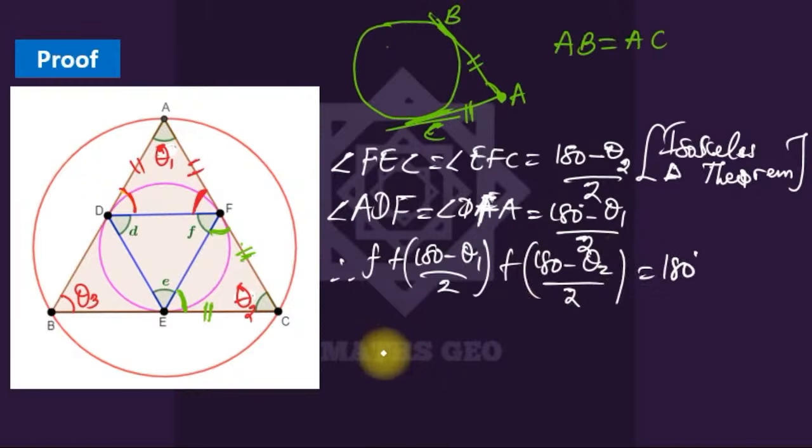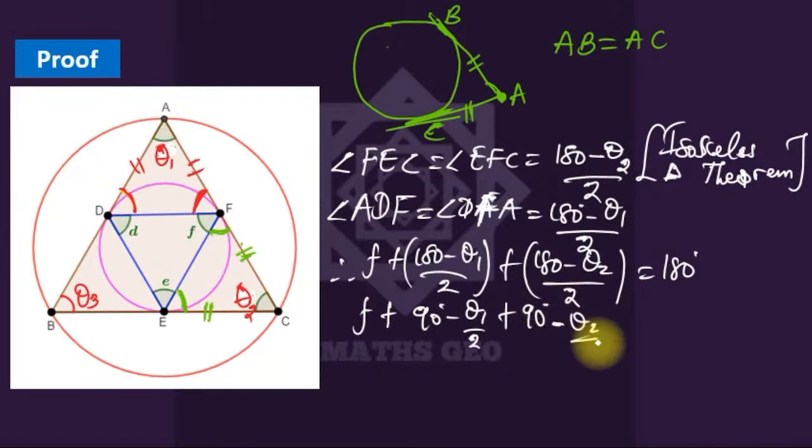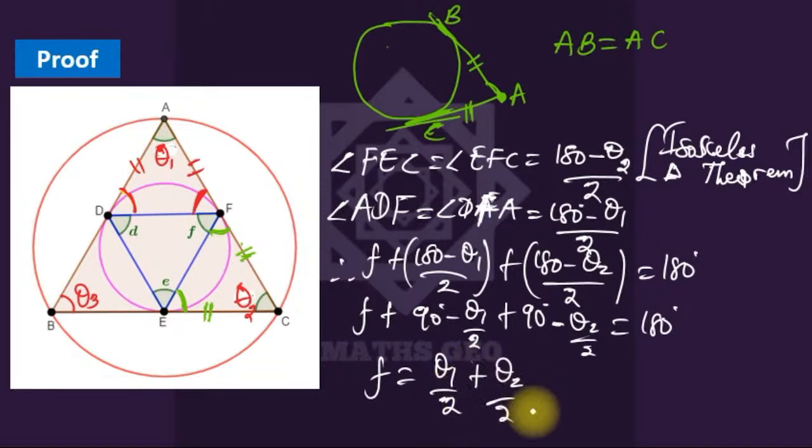So this is F, plus this is 90 minus theta 1 over 2, plus 90 minus theta 2 over 2 is equal to 180. So 90 plus 90 is 180, 180, 180 gone. Therefore, F will now be theta 1 over 2 plus theta 2 over 2, which is their average, theta 1 plus theta 2 over 2.